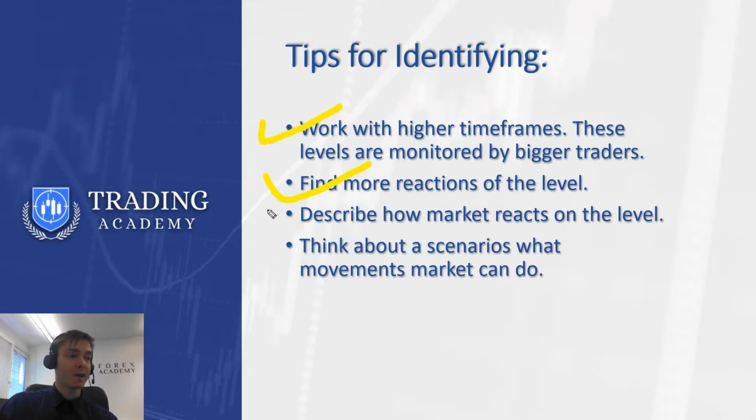The third one is describe how the market reacts at the level. We as technical traders sometimes also use these tactics. If the market rejects some price with really confident behavior, let's say I will show you some level, the market goes to that level and there is a really fast rejection here.